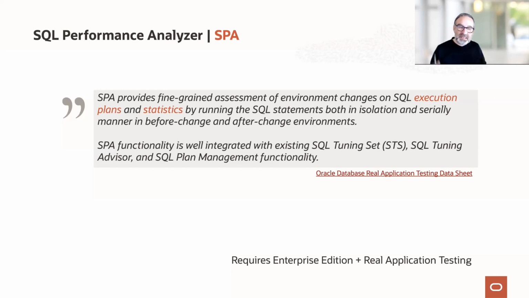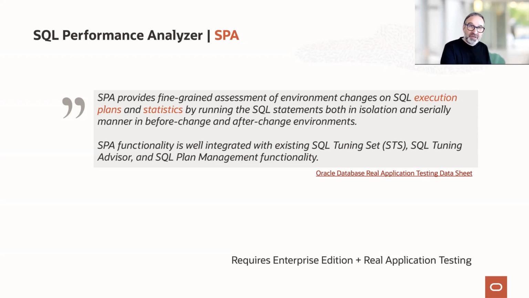So let's analyze our statements now with SQL Performance Analyzer. The data sheet for SQL Performance Analyzer tells you SPA provides fine-grained assessment of environment changes on SQL execution and statistics by running the SQL statements in isolation, that means it's a test execution mode, a sandbox mode, and serially, one after another, in before change and after change environments.